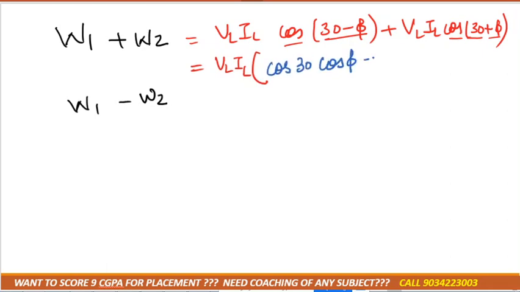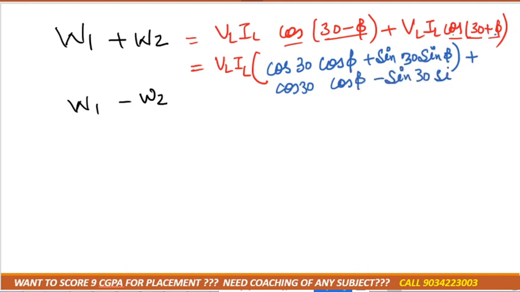plus sin A sin B, right? Similarly, for cos of A plus B, that would be cos A cos B minus sin A sin B, right? If there is a positive, then we mark negative. Correct?